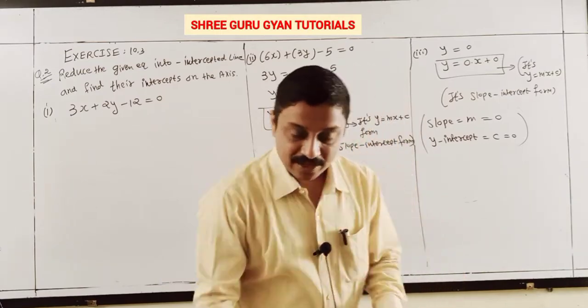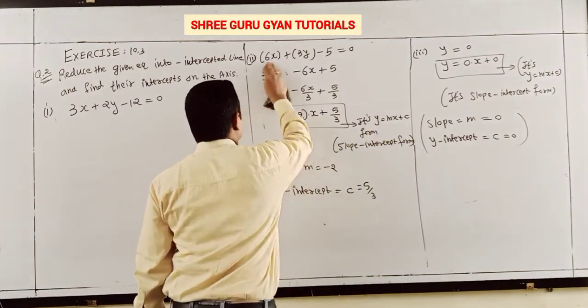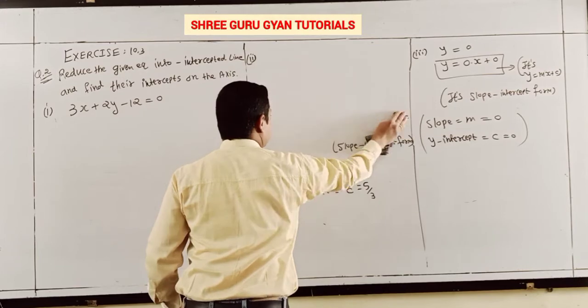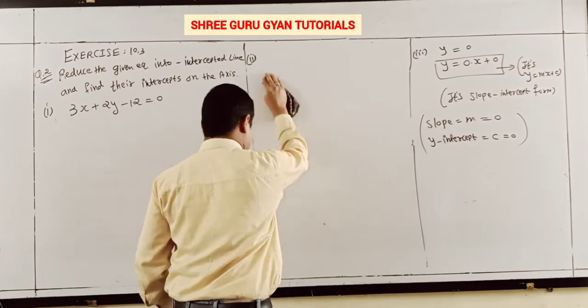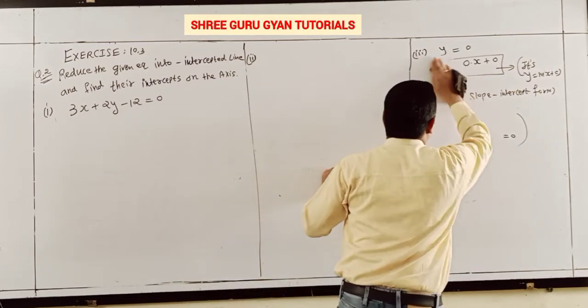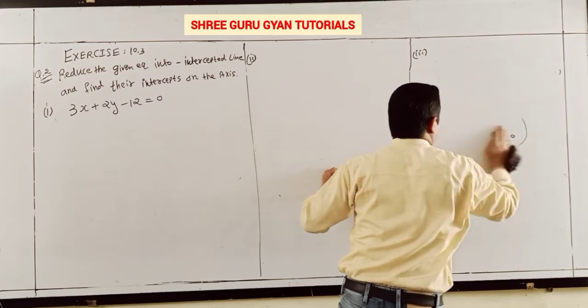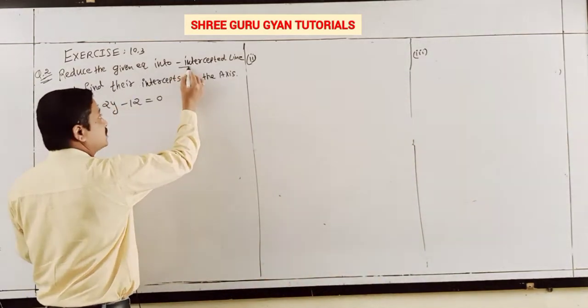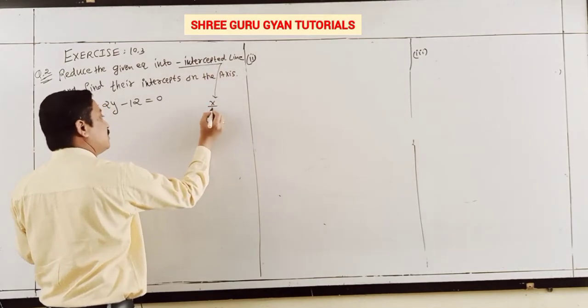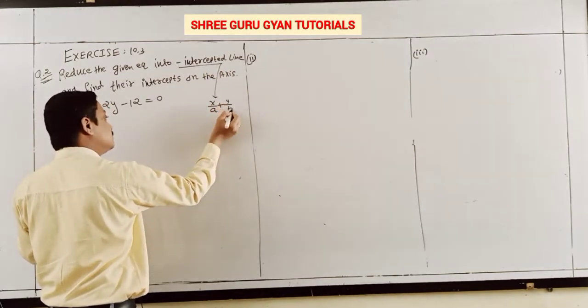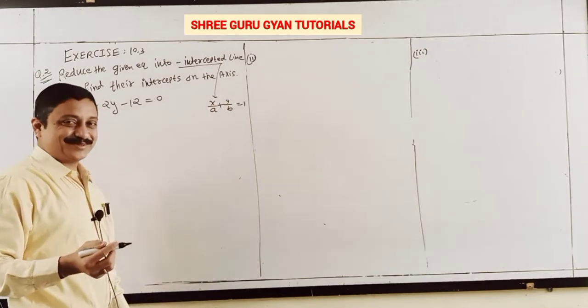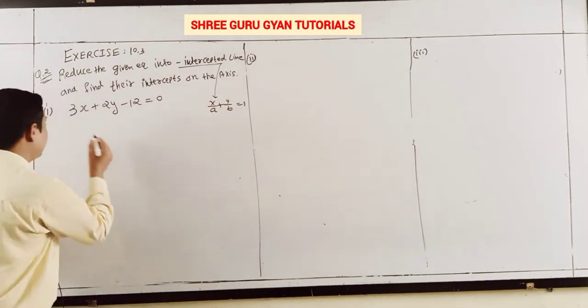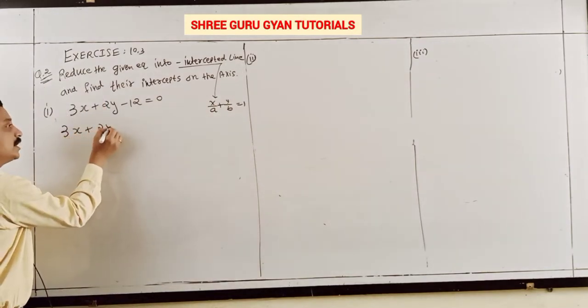Very easy and simple students, I explain it in the way of the intercept form. One by one I explain. First of all, the intercept form is x by a plus y by b is equal to 1. So we can write 3x plus 2y is equal to 12.